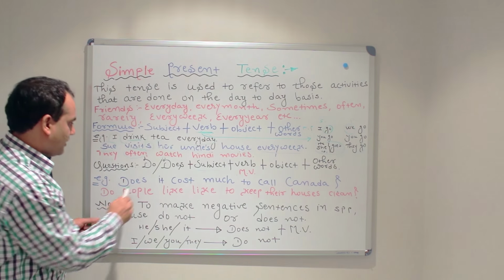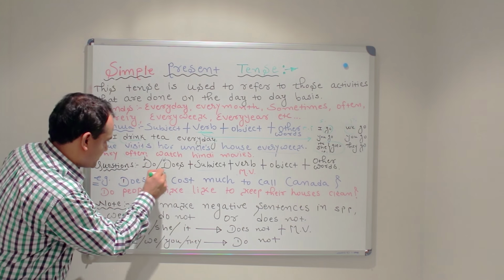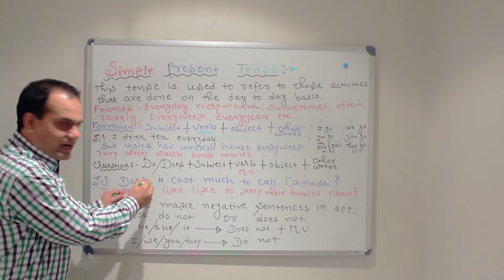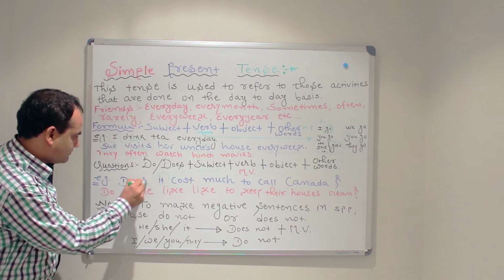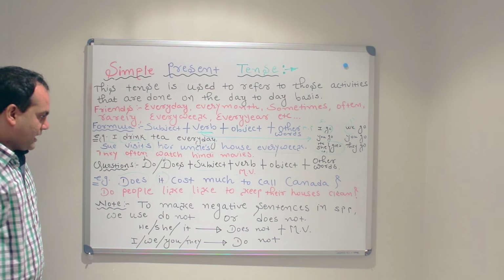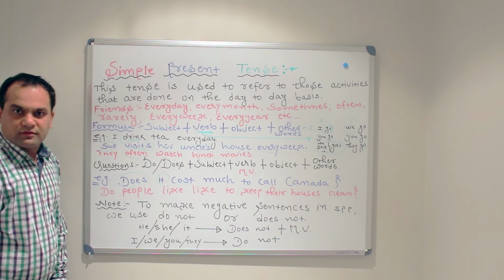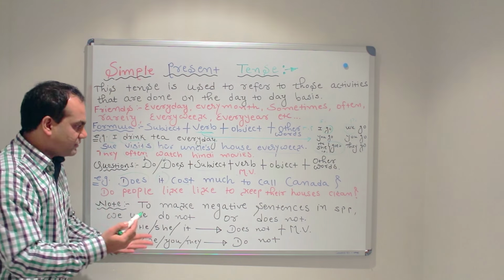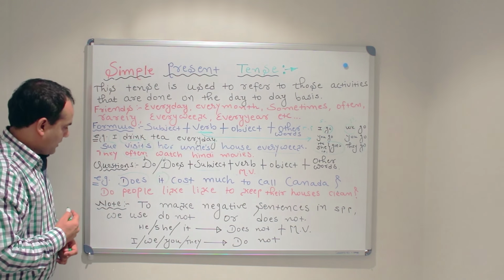Example. Does it cost much to call Canada? Because we are talking about it. In this sentence, our subject is it. So, we have used does. And since does is a modal verb, we have not used s or es behind the verb. In other words, we have taken off the s or es from the verb.